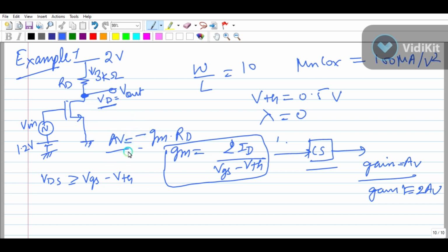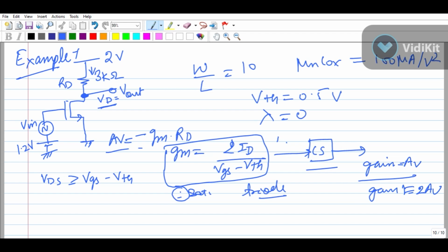And for calculating ID, there are two formulas. One equation is for saturation, and the other equation is for triode region. Because we don't know whether this MOSFET is in saturation or triode, so how to use the current equation? So we can do one thing.